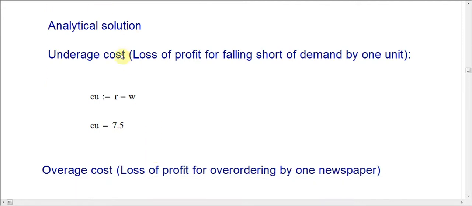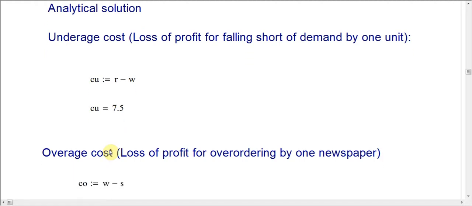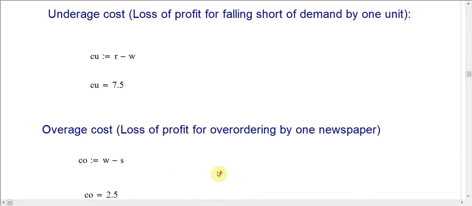This is called underage cost. This occurs when the vendor orders fewer papers than the demand. The overage cost occurs at the other extreme, when we over-order. That means we order more newspapers than the demand.